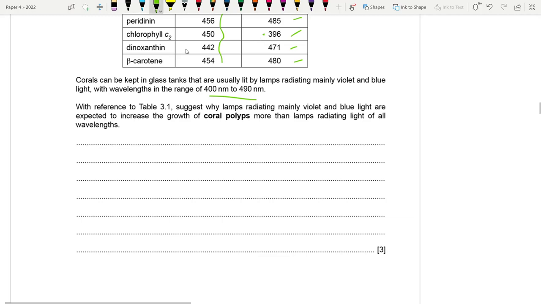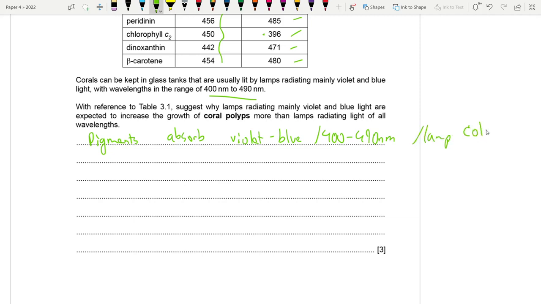So how to write this answer? Let's learn the wording. So pigments absorb violet, blue, or 400 to 490 nanometers, or the lamp colors will, or best, or most, or you could just go for probability at 8 out of 10 peaks, right?